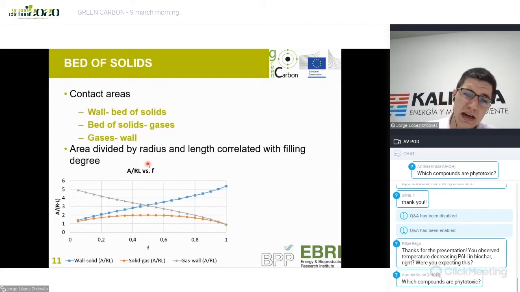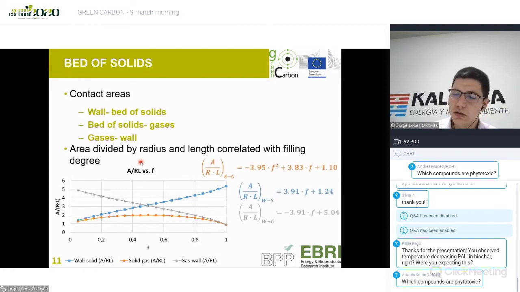So the area of contact divided by the radius and the length of the reactor, of the bed of solids, follows this trend. It's just a simple mathematical development from the basic formulas of areas, but it's quite representative because with the filling degree, we can know the contact area. So it adjusted to these equations quite well.